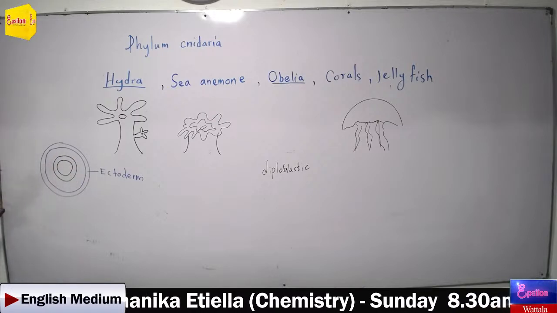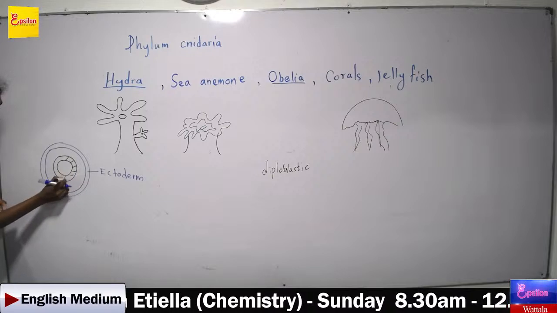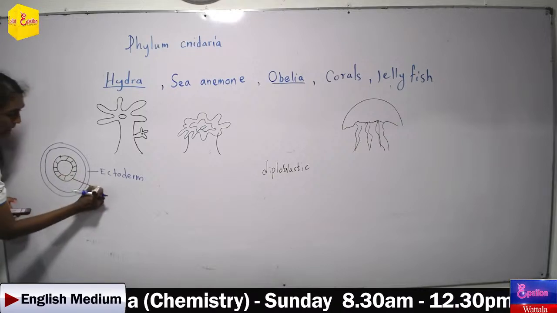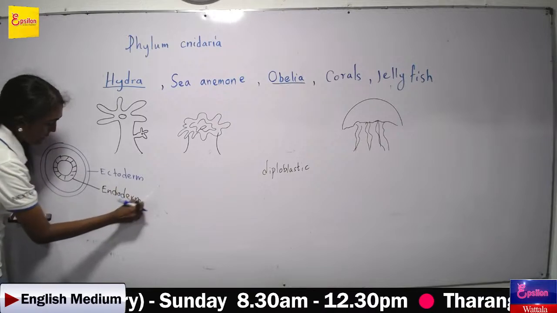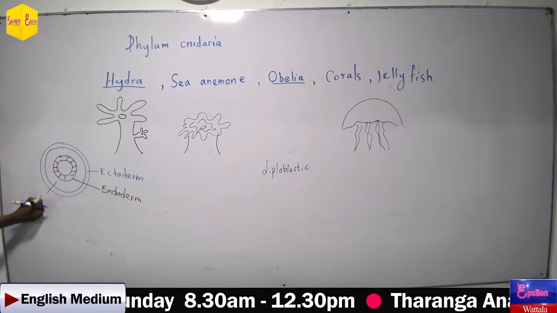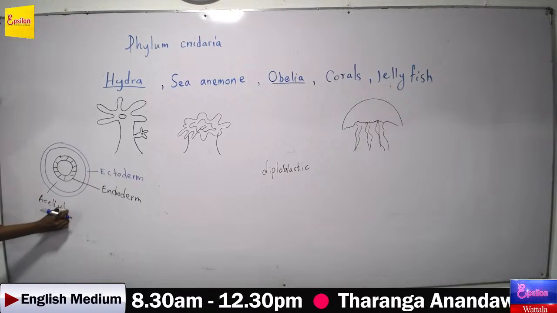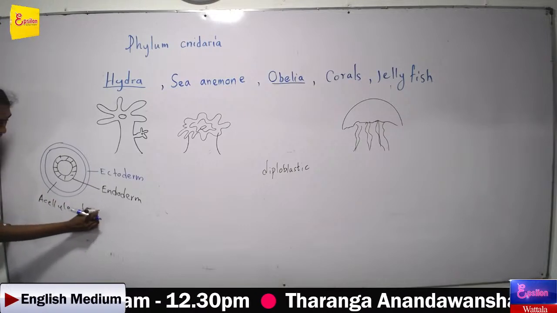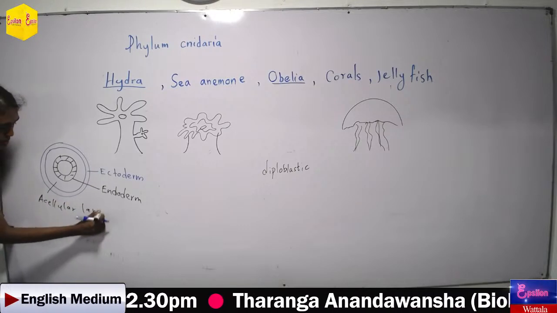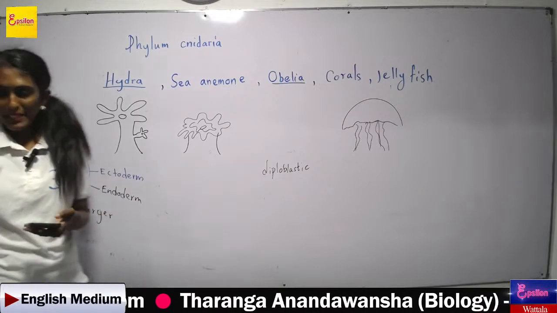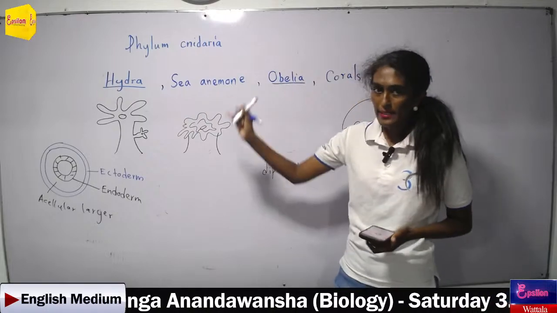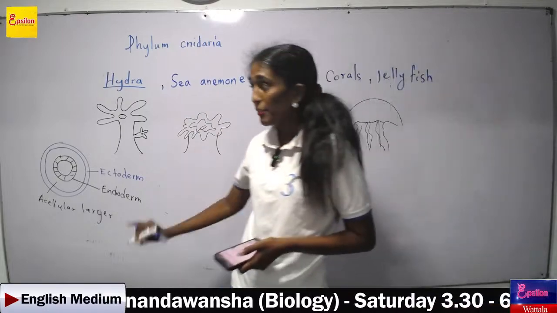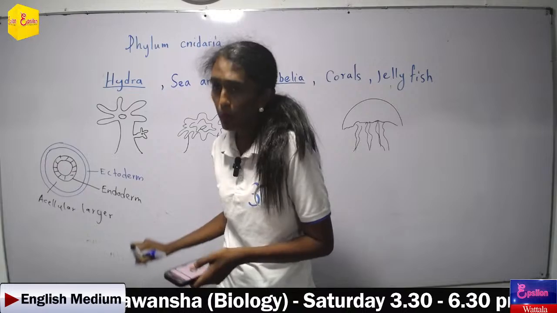This inside layer, we call it the endoderm. In between them, there is some acellular layer, which is connecting these two, right? Which is pasting these two, right? So only in this, among the animal phyla that we are discussing, we have the diploblastic nature.